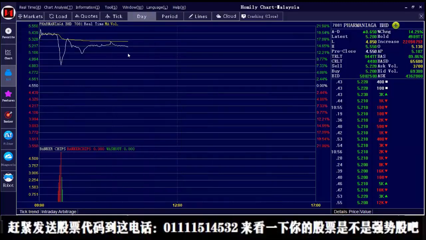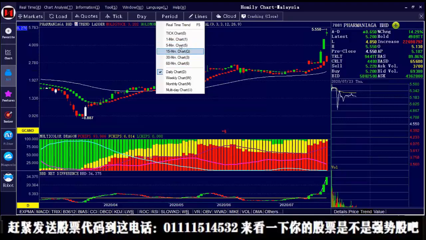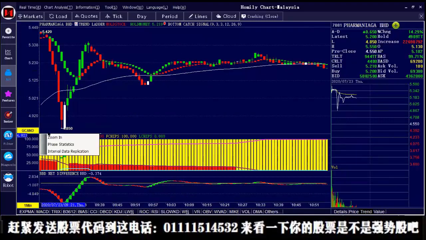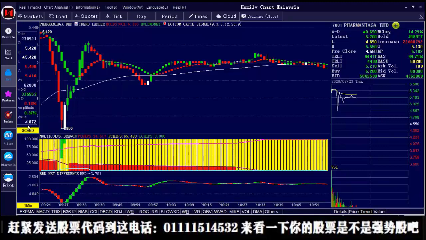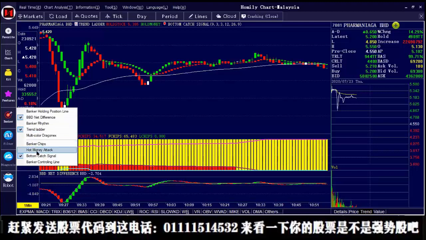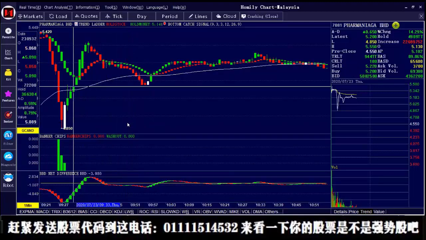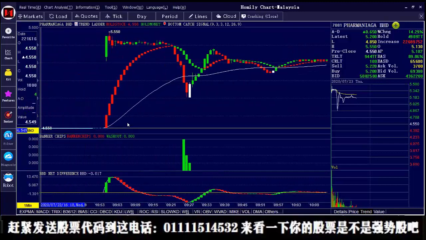Okay, also you can change it to the 1 minute chart. So on the 1 minute chart, how can we catch the bottom? We can use the banker chips here, same as the big chart.